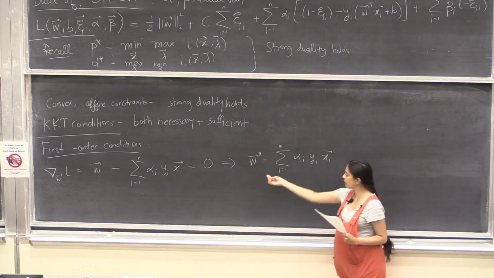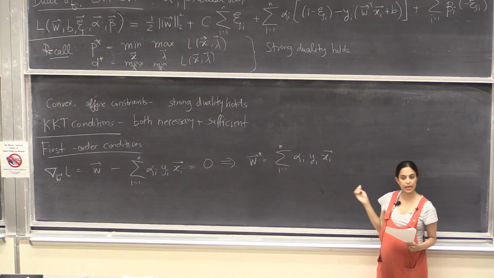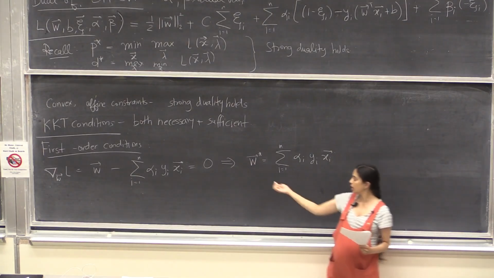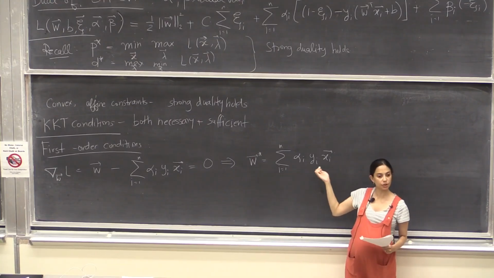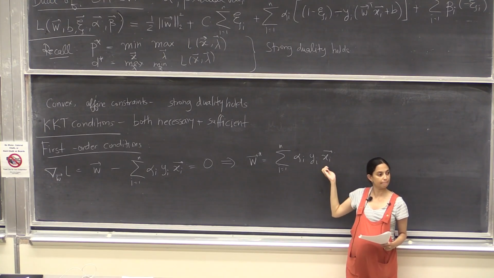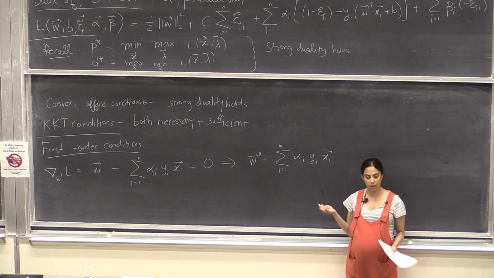And this is a nice formula to look at in and of itself, right? Because what is this saying? This is giving me W as just a linear combination of my training data, and the dual variables are the weights of that linear combination. So it's particularly nice.